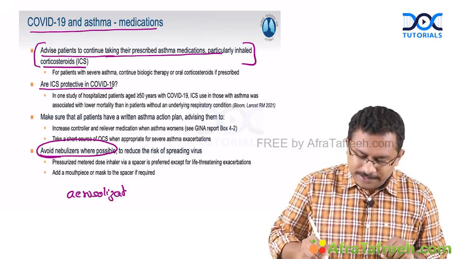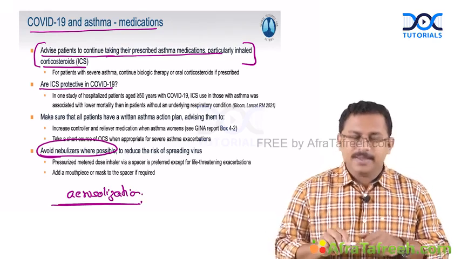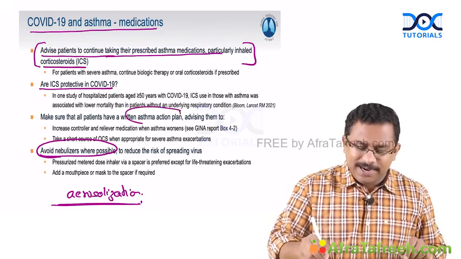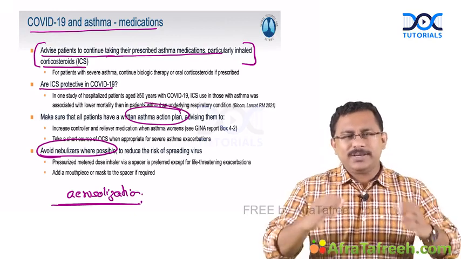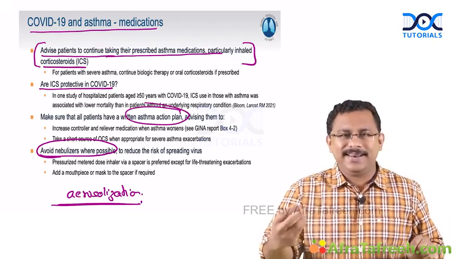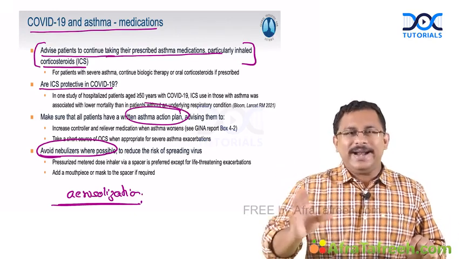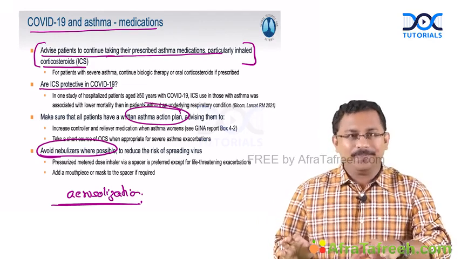Also, patients should have an asthma action plan on how to deal with it. They should definitely be in contact with their treating physician, and you adjust the medication as and when needed.